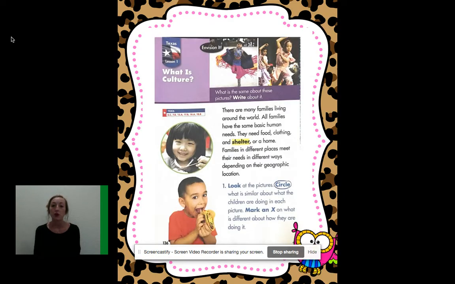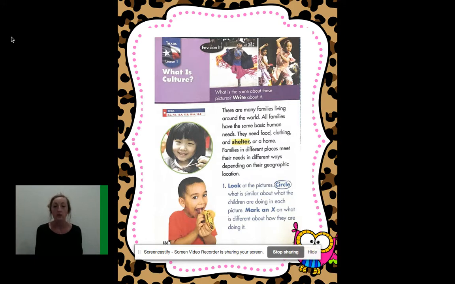Okay, so there are many families living around the world. All families have the same basic human needs. They all need food, clothing, and shelter, or a home. Families in different places meet their needs in different ways depending on their geographic location.